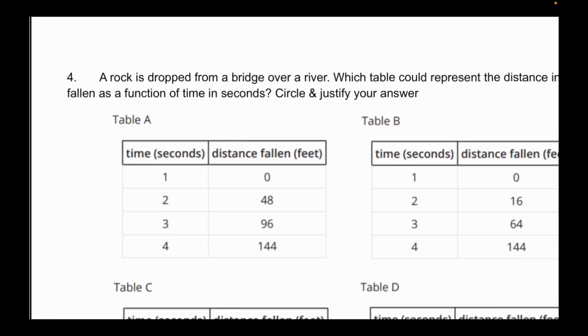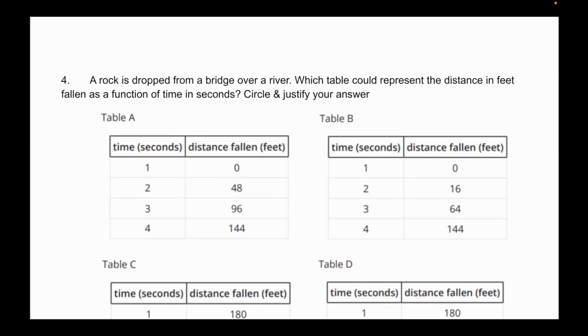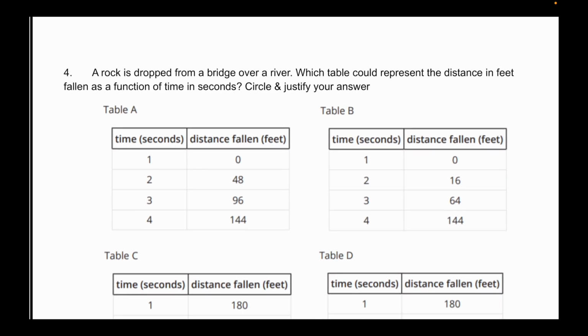We have a rock that is dropped from a bridge over a river. So dropping it from a bridge over a river, I like to annotate and point out what we're measuring, and this is the distance in feet that it has fallen, not the height. So we want to know how far has it fallen.